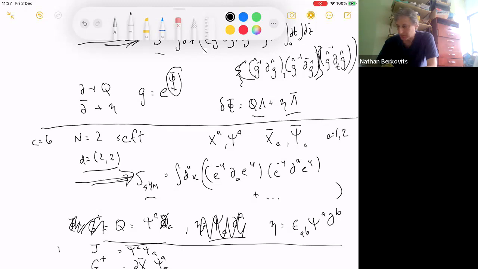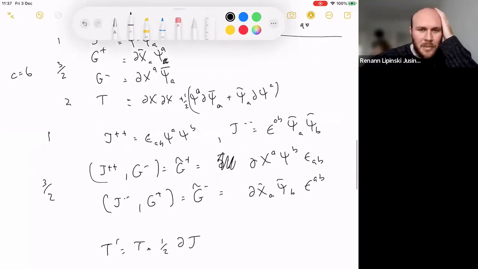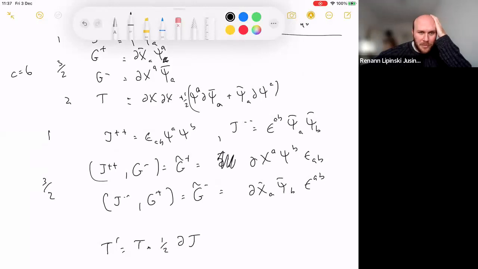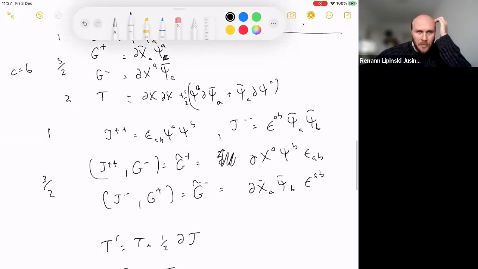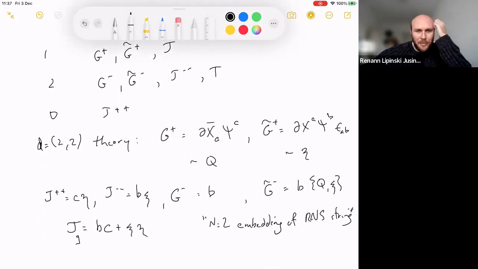So any questions up to now? Just about the physical interpretation of the G tilde minus. Because if you go a bit further down, yes. See, all the operators, they have a nice interpretation, but this G tilde minus, it's B of Q and Xi.